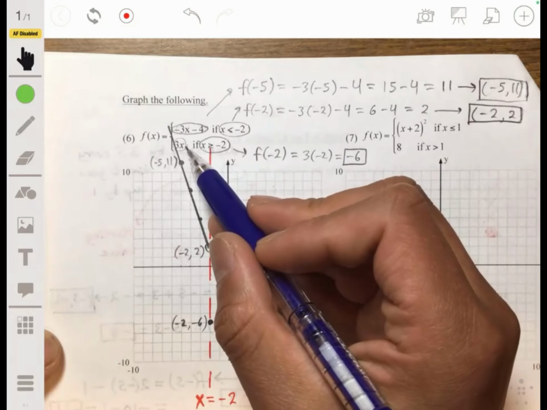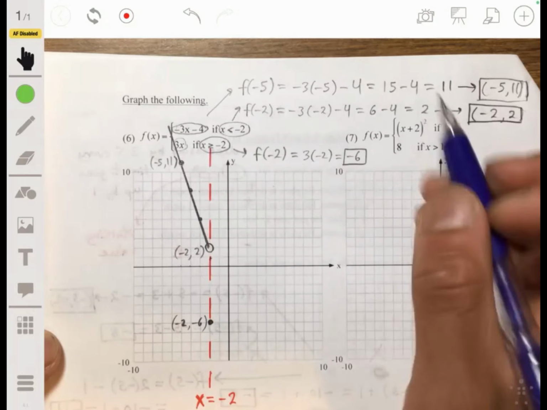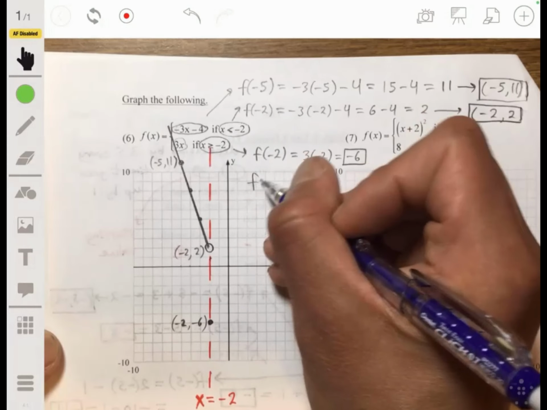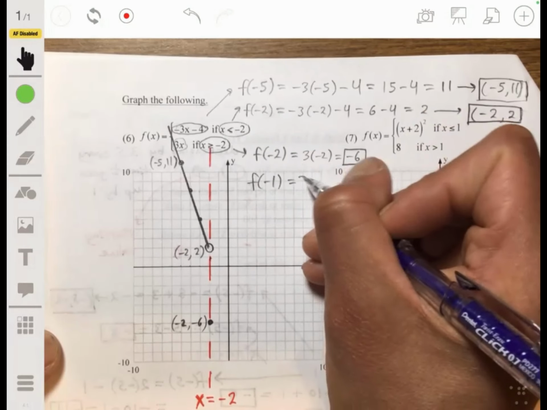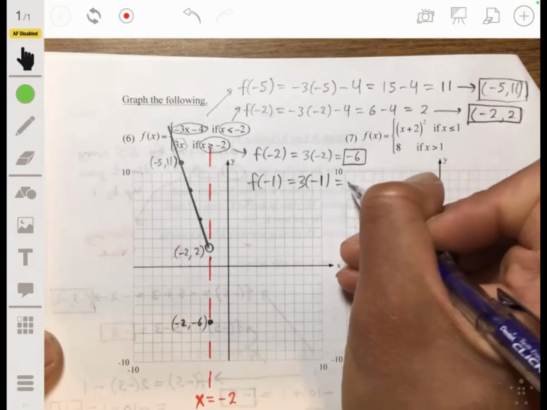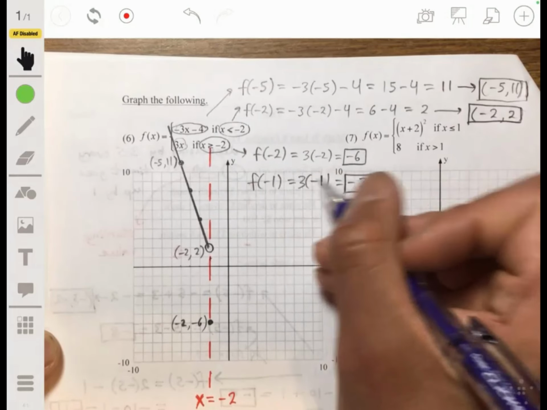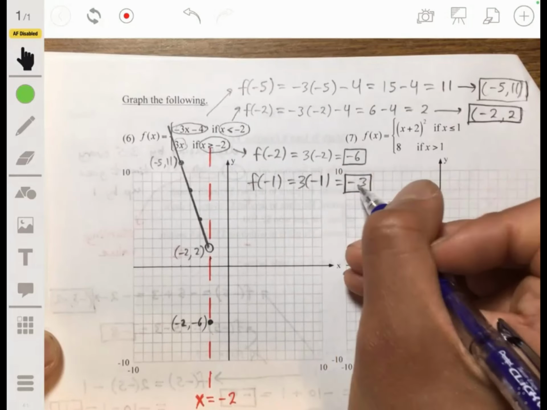And let's just plug in one more. Let's plug in -1 just to be sure. So F of -1, we can do it pretty easily. It'll just be -3. So we're going to have another point at -1, -3.